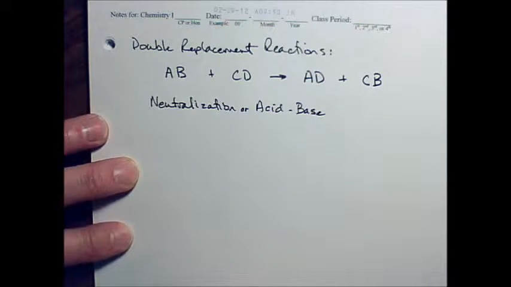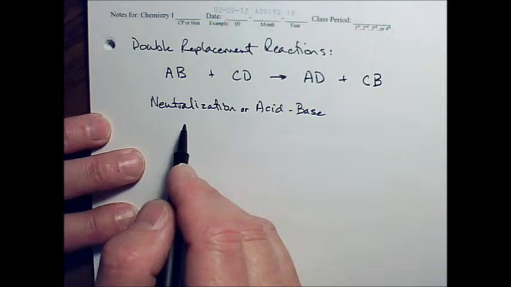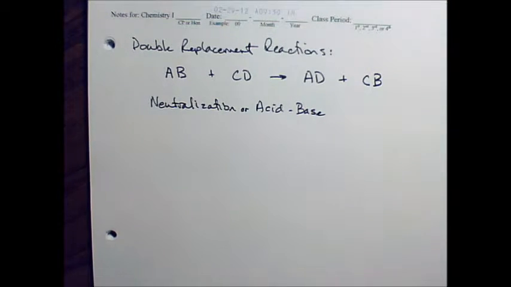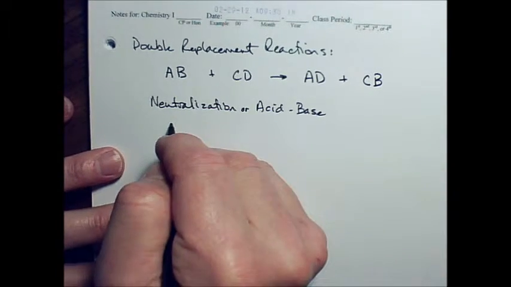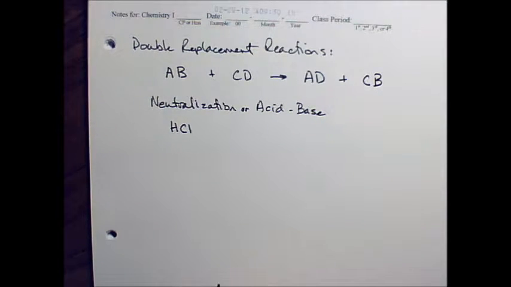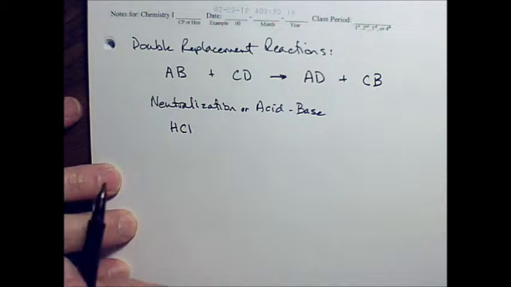Both names apply to this classification. All right. So let's start with something really, really simple. How do we know when we've got an acid? When you have a formula for an acid, hydrogen on the front. If it's a non-organic acid, it has hydrogen on the front. So here's a real simple acid, HCl. We looked at that a while ago. It's on your worksheet for your homework for the lab. Okay? We're going to put it with a base.